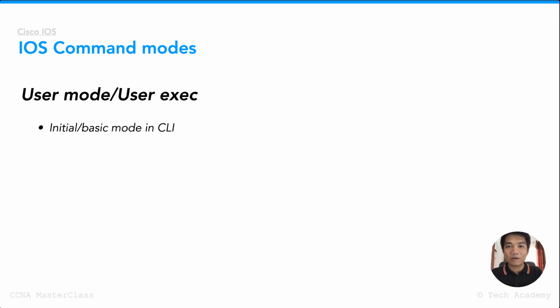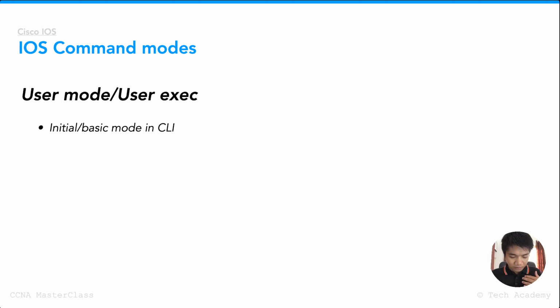Basic verification and basic commands are available in this mode. This is your initial, basic level of access when you access a certain router or switch. We call that user exec, or user mode for short. That's the one commonly used. Okay?